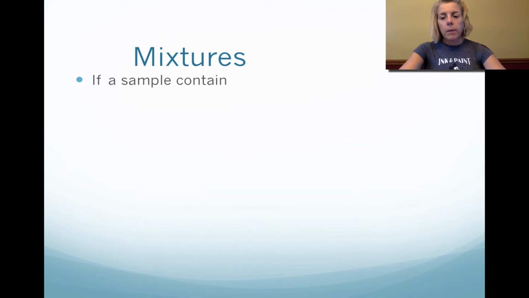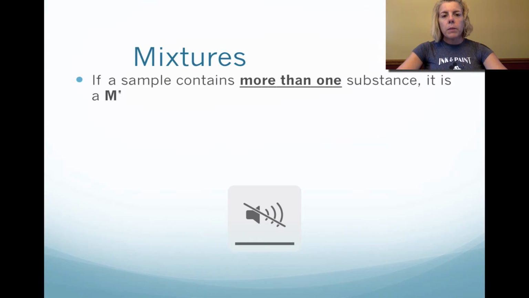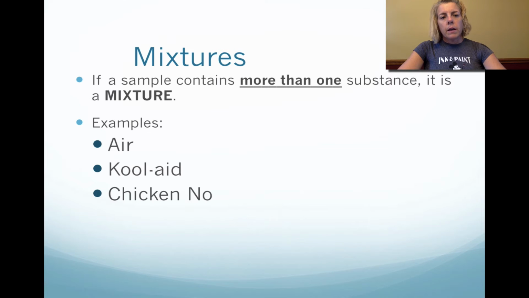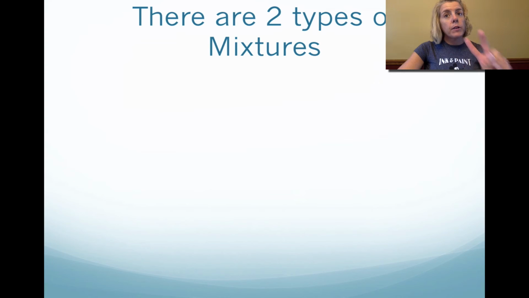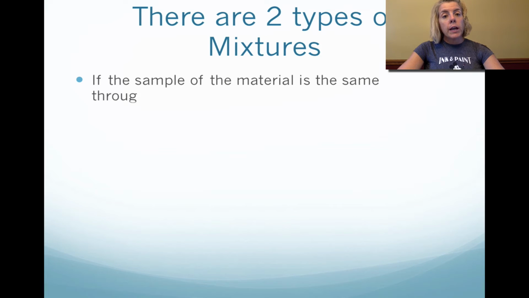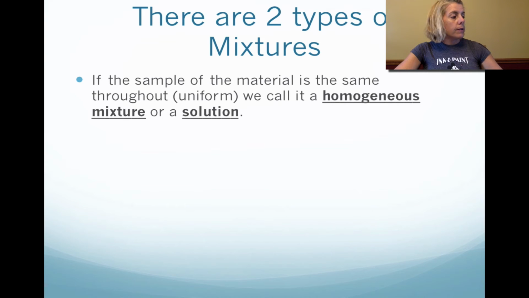Okay, let's talk about mixtures. With mixtures, we have more than one substance. Examples of that are air, Kool-Aid, chicken noodle soup. These all combine more than one substance together to form a mixture. Now, there's actually two types of mixtures. If the mixture is the same or uniform throughout, we call that homogeneous.